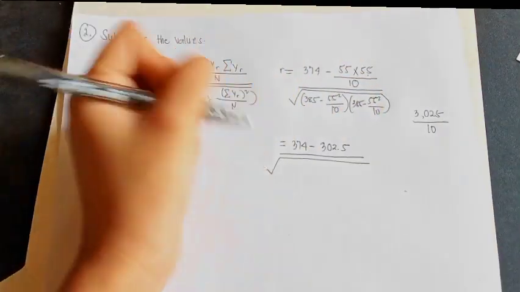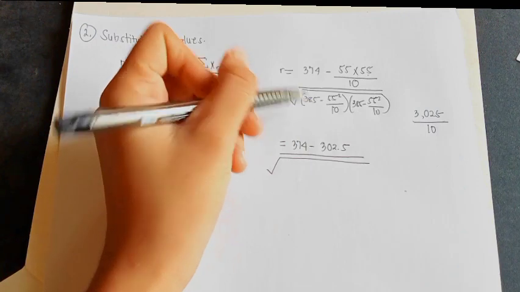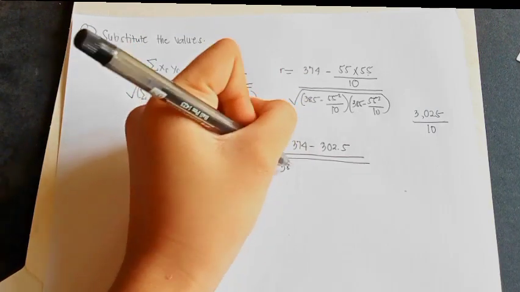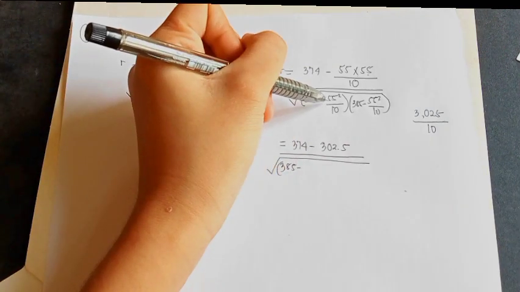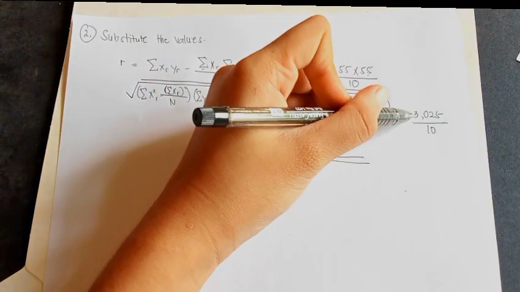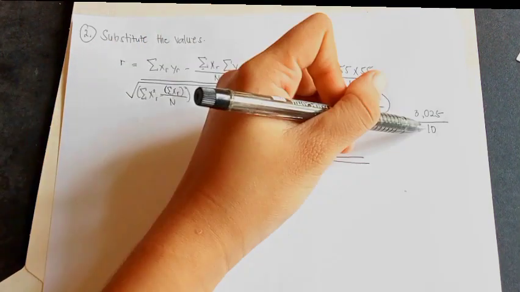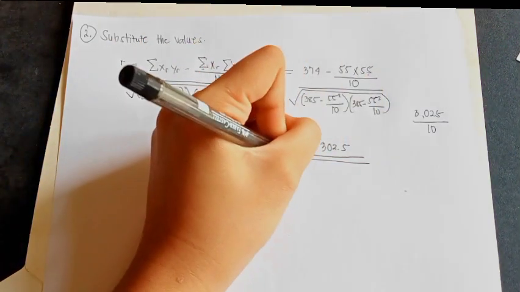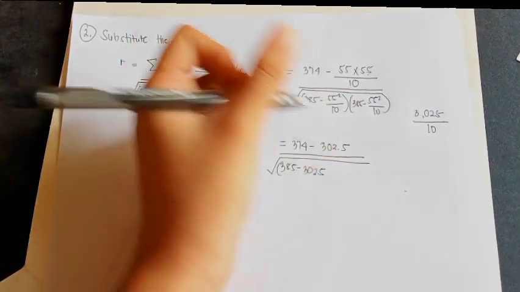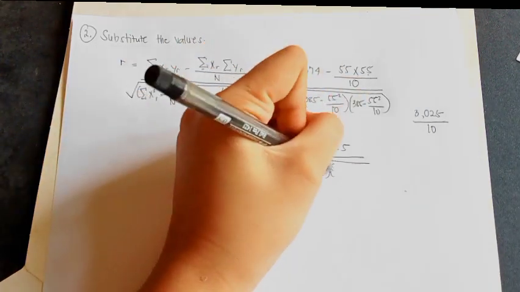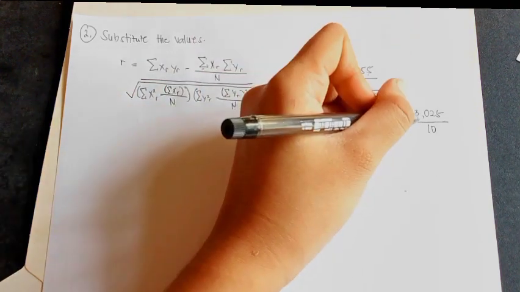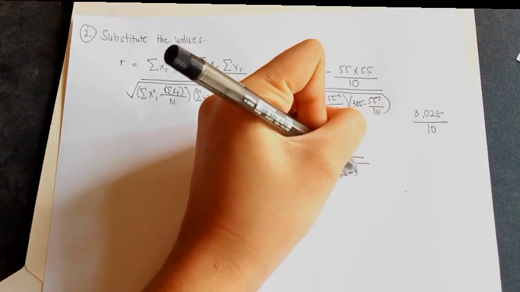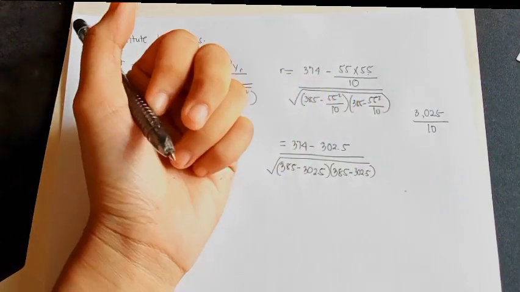Over, so 385, bring down 385 minus 55 times 55 is equal to 3025 divided by 10, which is 302.5. Same as here. 385 minus 3025 divided by 10, 302.5.